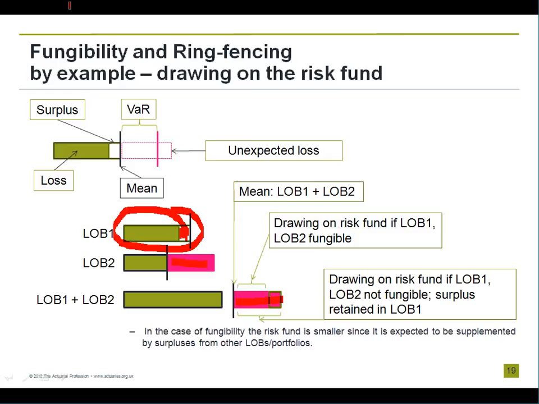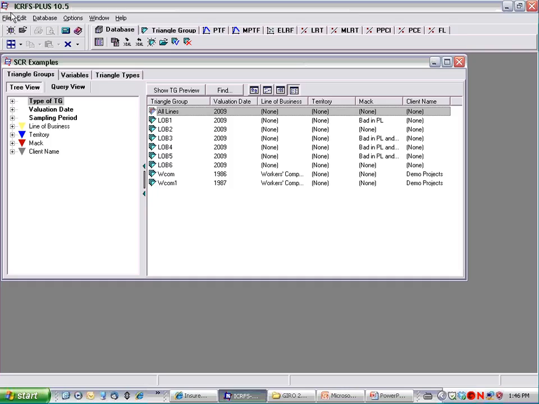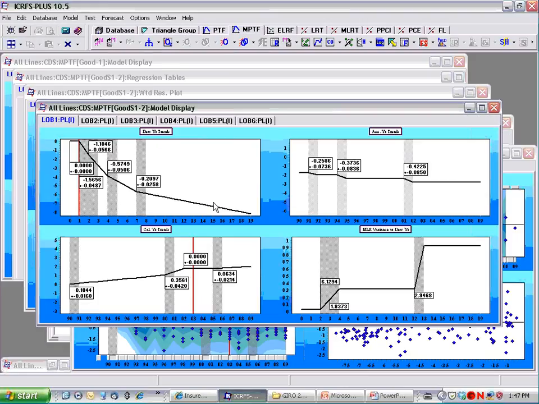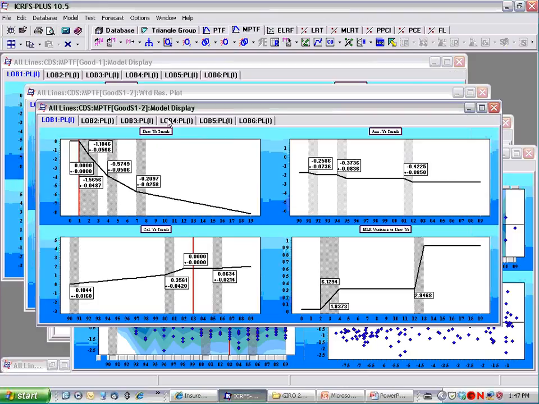So now let's look at an example involving our 6 LOBs. Let me run the model twice. Remember, we've got 6 LOBs. I think LOB4 was the most volatile.